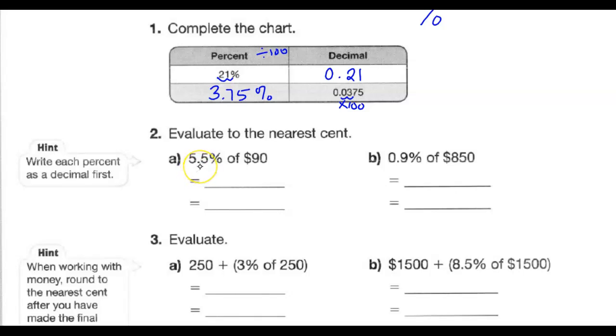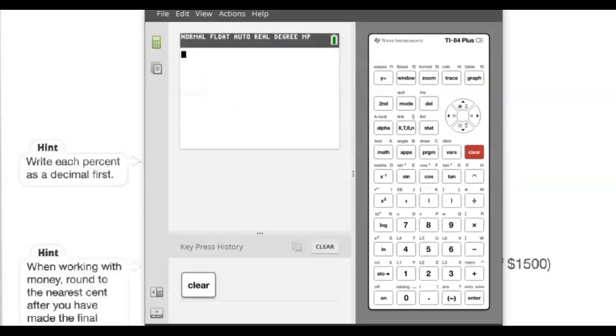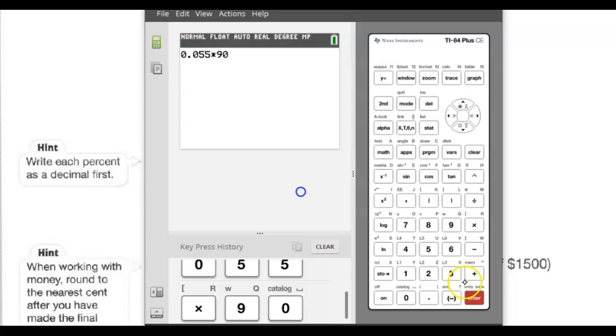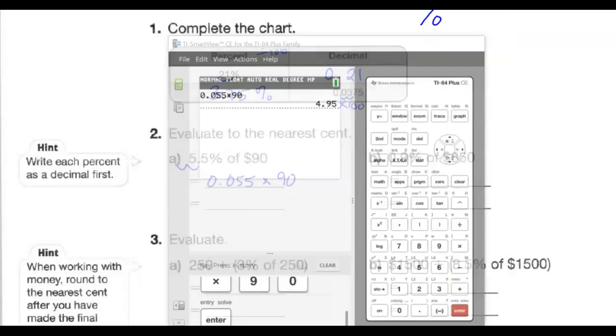So we're going to move the decimal to the left twice, just like we did up top here. So 0.055 of means multiply 90. Okay, so 0.055 times 90. And that's $4.95.